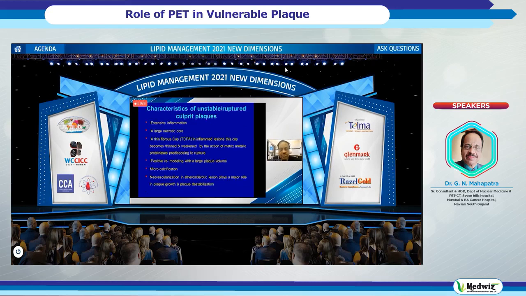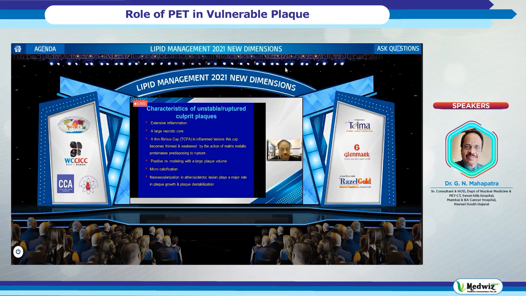So what are the characteristics of unstable ruptured culprit plaques? Extensive inflammation, a large necrotic core, which Dr. Priya showed, and a thin fibrous cap, that is, thin cap fibroatheroma in an inflamed lesion.